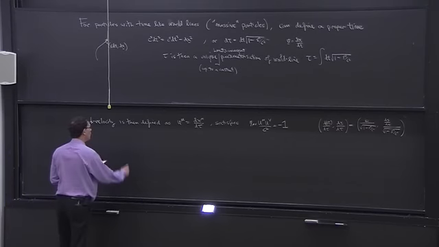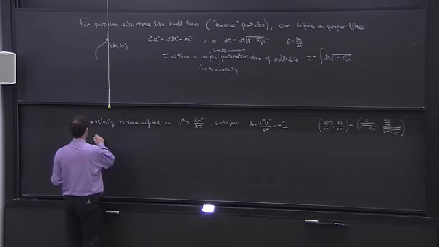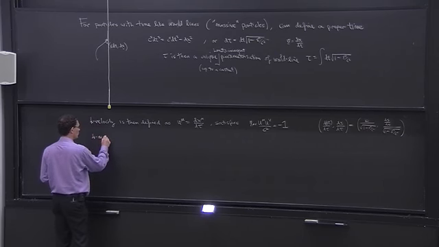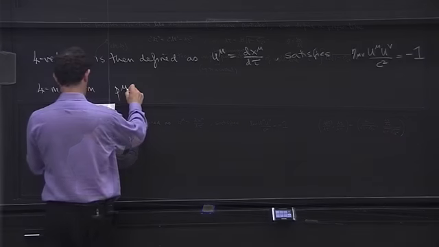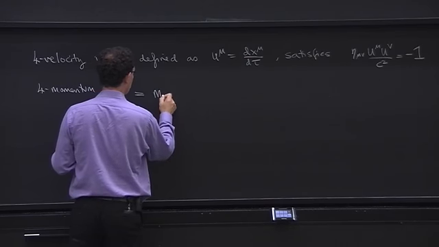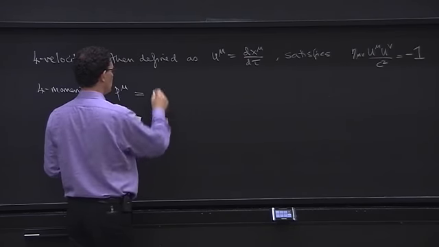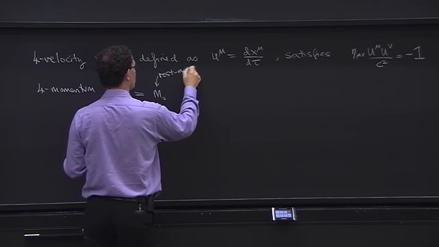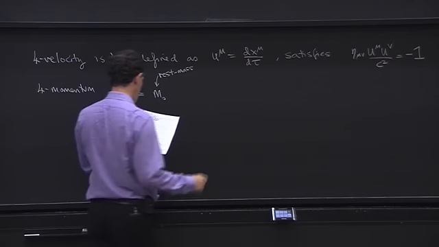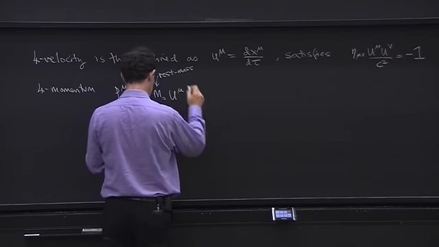Okay, and then we define the four momentum, P mu, is equal to some number, the mass. This is called the rest mass of the particle, times u mu.